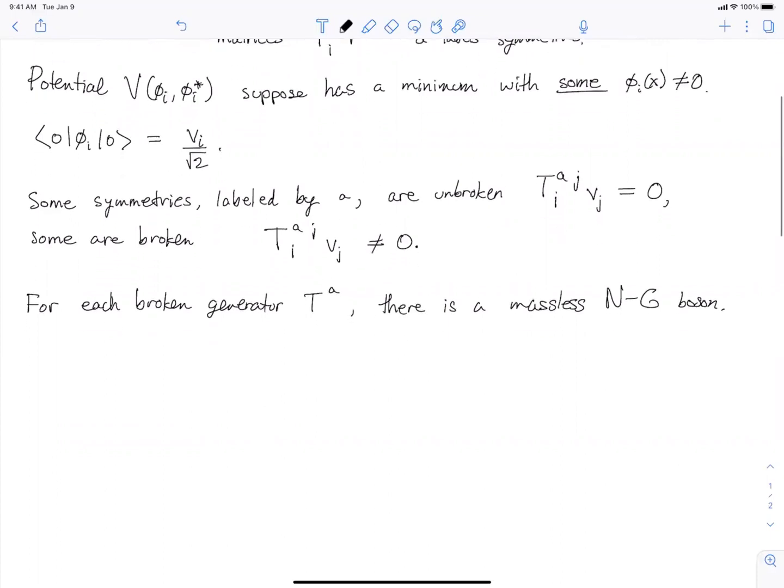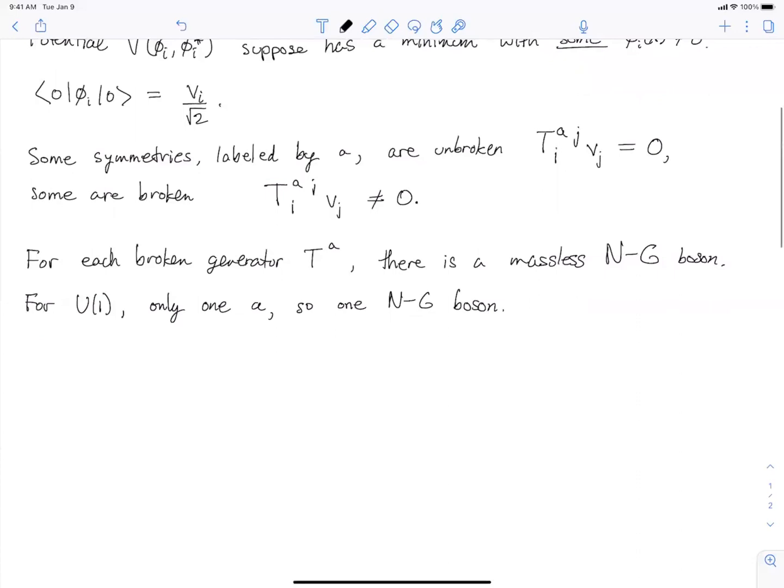So in what we did last time, for a U(1) symmetry, there is only one a. There's only one broken generator. And so we, in fact, found that there was one Nambu-Goldstone boson, which we called G. But in general, there can be more than one.